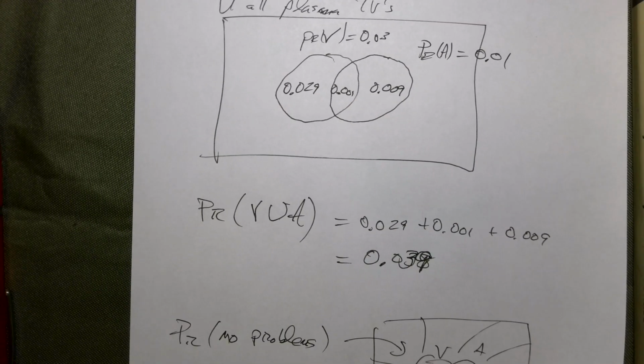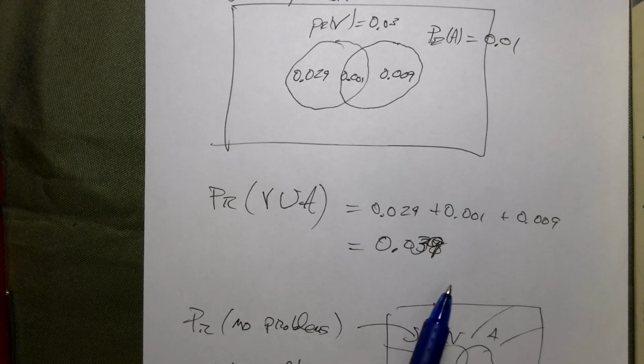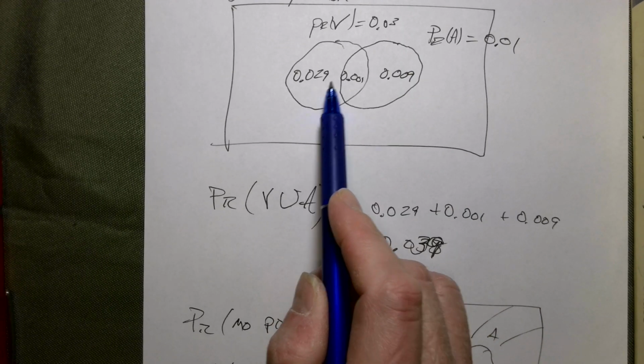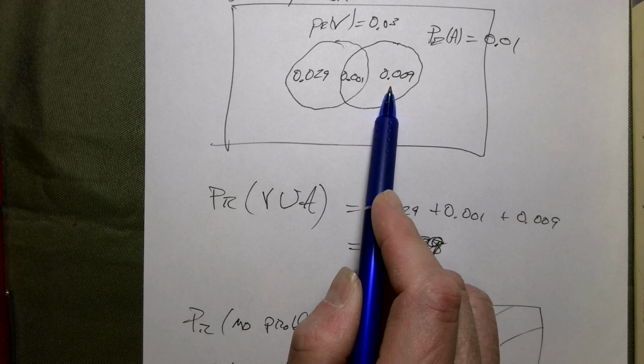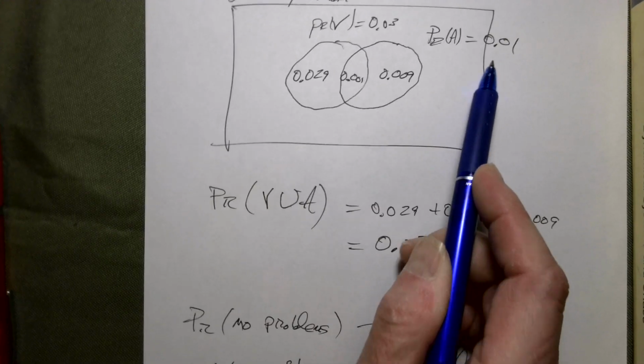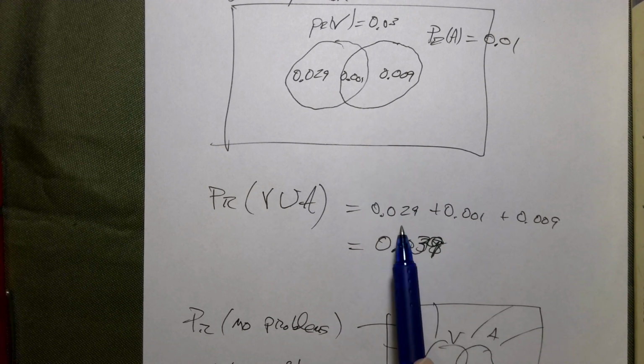So if I want to know the probability of having a video problem or an audio problem, you have to add up these three numbers, not just these two. If I add those up, I get close to 4% that somebody's got a problem.